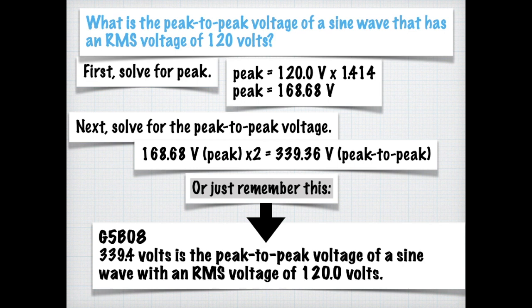Next, we have to solve for the peak-to-peak voltage, which is 169.68 volts peak times 2, which gives us 339.36 volts peak to peak. So if you want to do the math, that's great, or you could just remember this, that 339.4 volts is the peak-to-peak voltage of the sine wave with the RMS voltage of 120 volts.